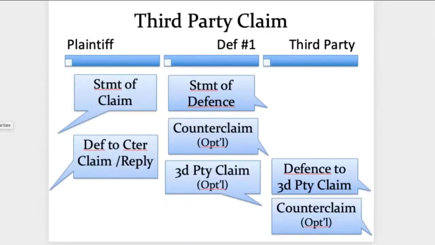Okay, let's look at particulars. So you already know that you need to plead all the material facts that are necessary to ground your claim. And that's true of a statement of claim. It's also true of any affirmative defense brought forward by a defendant or a reply issued by a plaintiff.